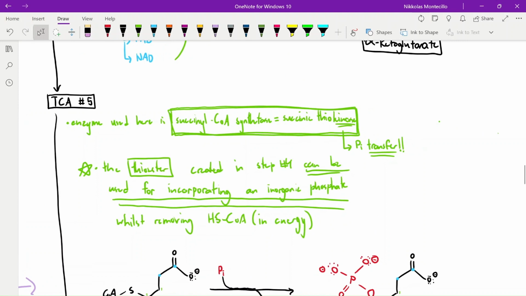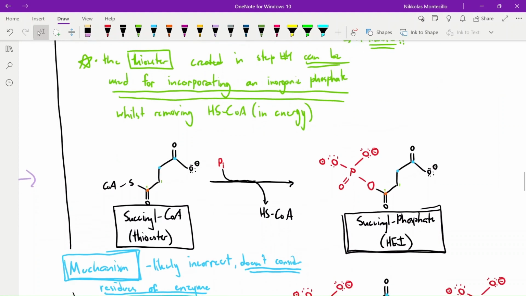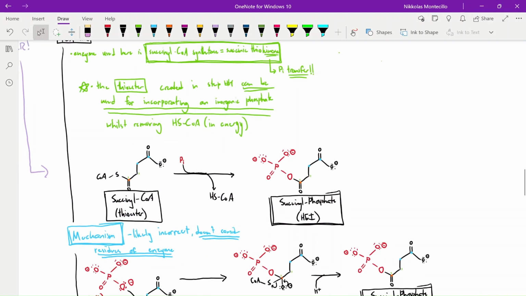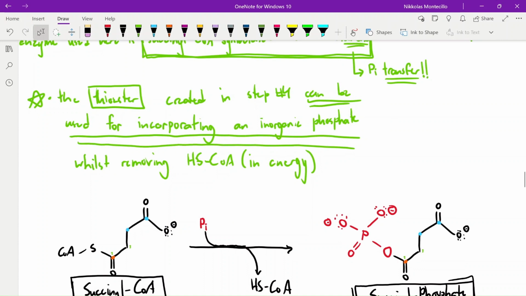So for TCA5, we see that the enzyme used here is succinyl-CoA synthase, or succinic thiokinase, right? So we see here that there's a phosphate transfer. The thioester created in step 4 can be used for incorporating an inorganic phosphate while removing the CoA, right? So essentially, this is the overall reaction here that occurs.